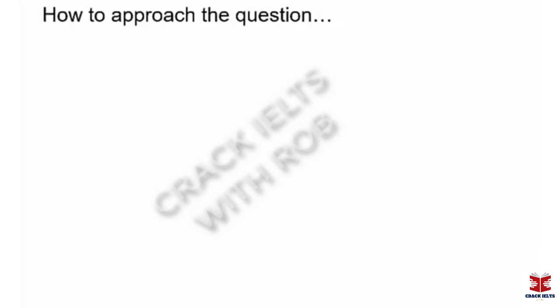All right, first of all, some basic things on how to approach the question. Just like many other IELTS reading prompt types, scanning is really, really important for this question type. And your job of scanning is even more important with true, false, not given questions and yes, no, not given questions, because you can waste a lot of time searching for things in this prompt type that are just not in the reading passage.